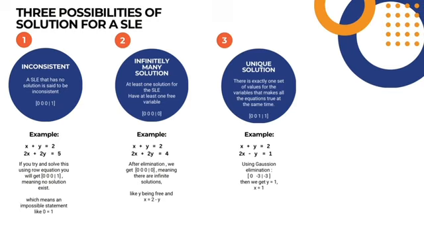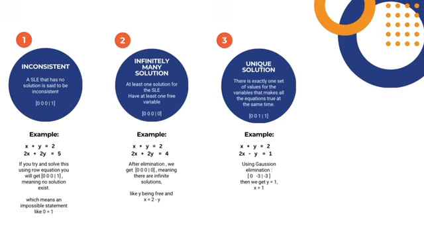This happens when all equations are independent, the system is consistent, and the number of independent equations equals the number of unknowns. Using Gaussian elimination, you will get y equals 1 and x equals 1 from the example below.